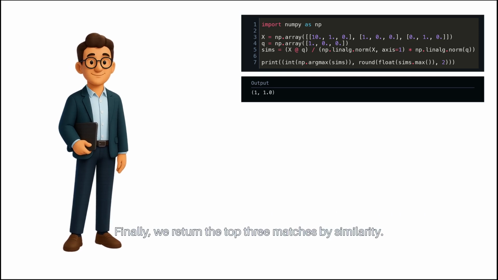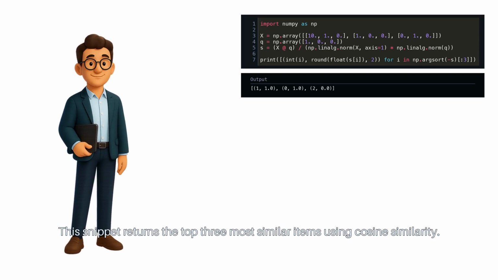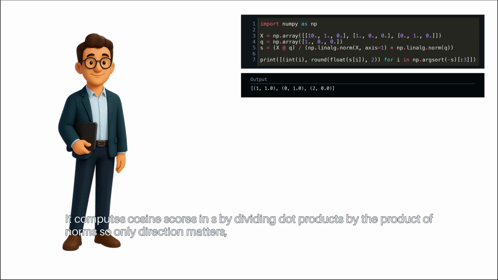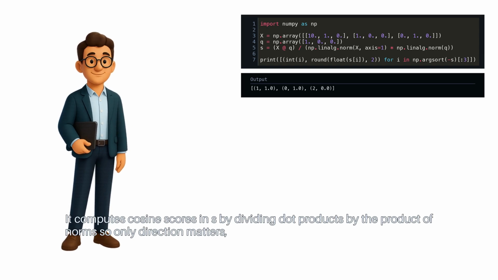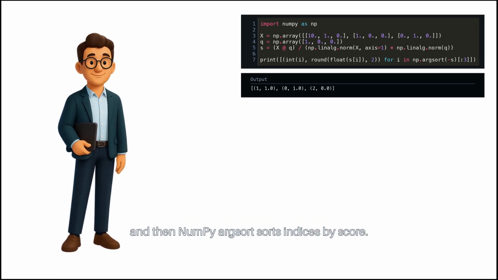Finally, we return the top 3 matches by similarity. This snippet returns the top 3 most similar items using cosine similarity. It computes cosine scores in s by dividing dot products by the product of norms, so only direction matters, and then numpy argsort sorts indices by score.